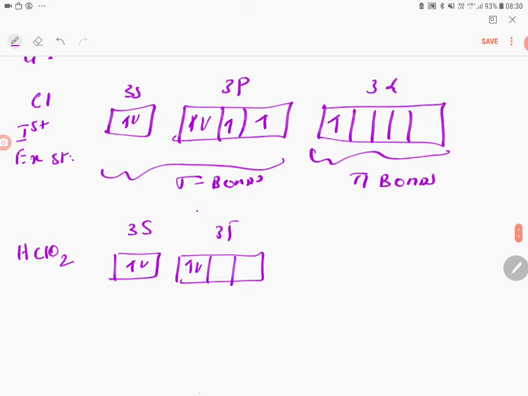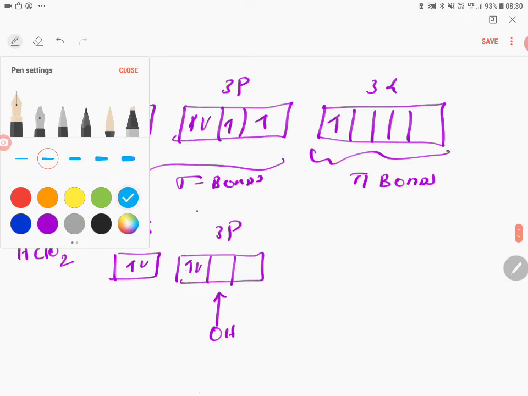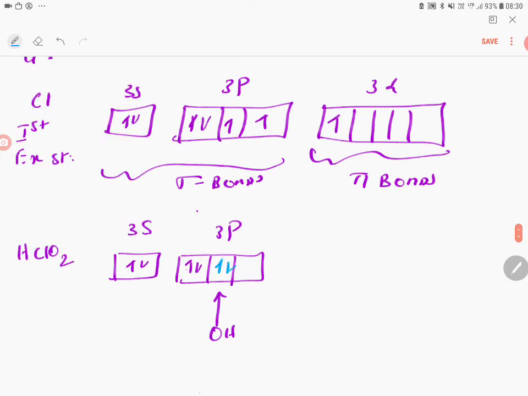So here, this is one OH bond. So this is a sigma bond.